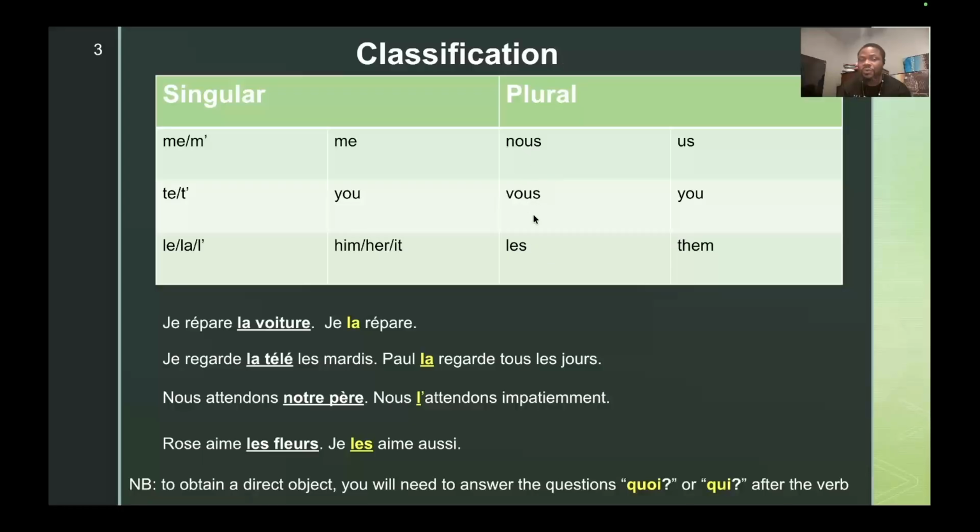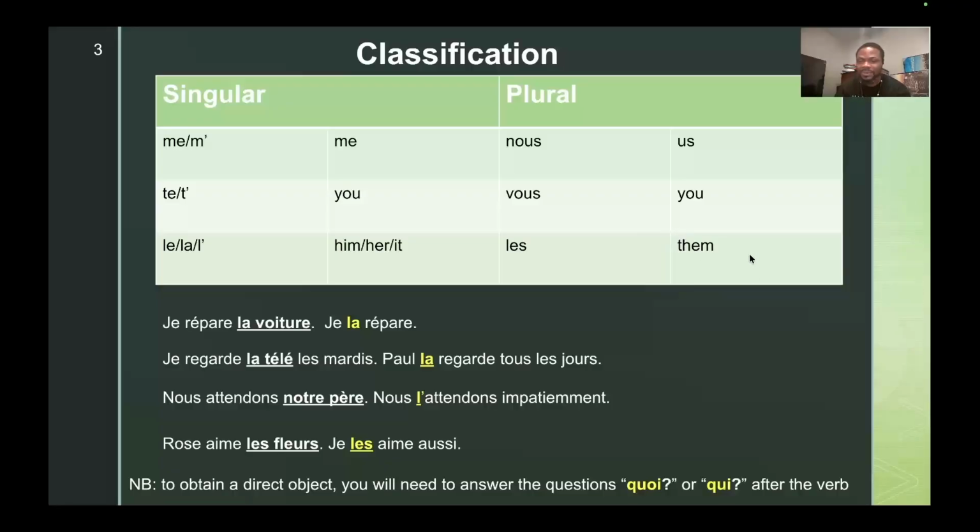I just want you to know that these le, la, l', les are different from articles. They are not determiners in this context because they are placed before the verb. If they are determiners or articles, they have to be placed before a noun. That's the difference. The same way, we have nous and vous, which look like the subject, but they are not subject because of the way they are used.